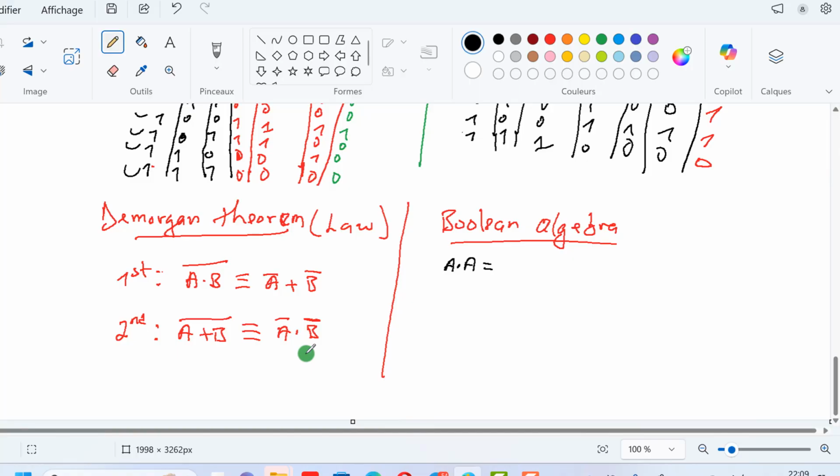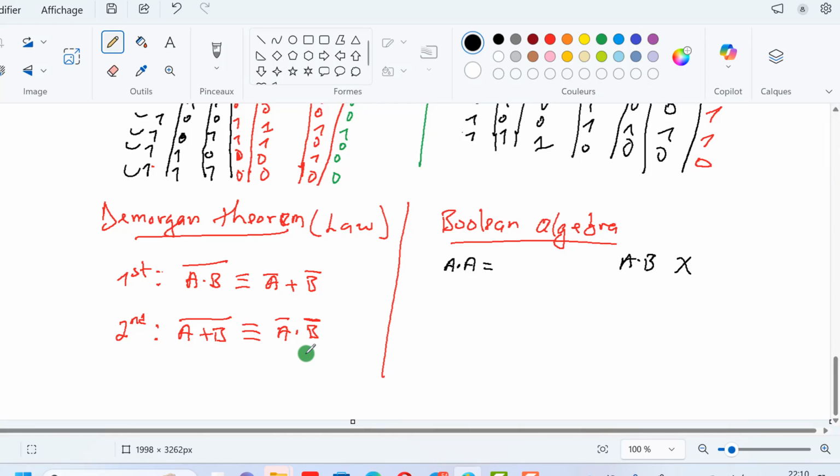Generally, Boolean simplification applies when you have an expression with the same inputs. If you have something like A dot B and they ask you to simplify, it is not possible because you have different inputs. A dot B remains A dot B, but A dot A you can simplify because you have the same input.